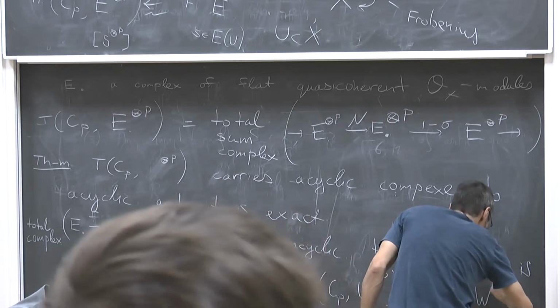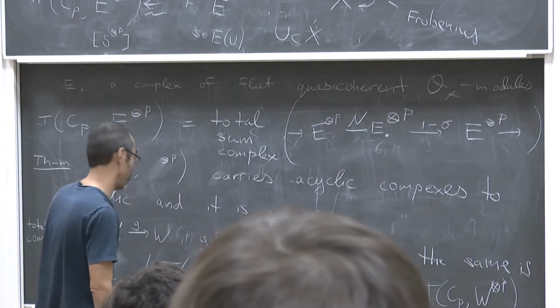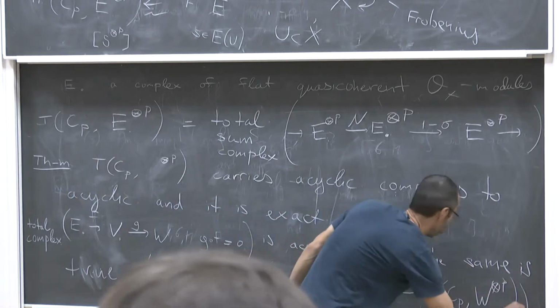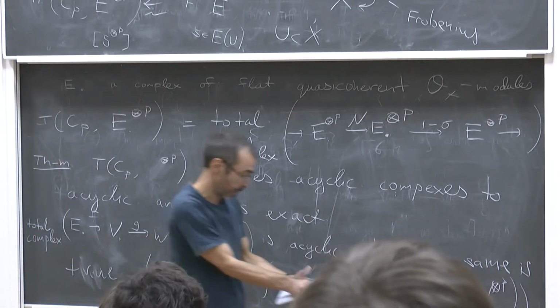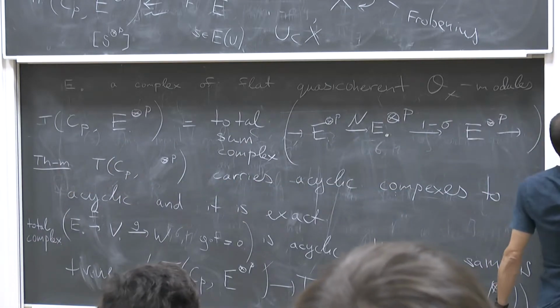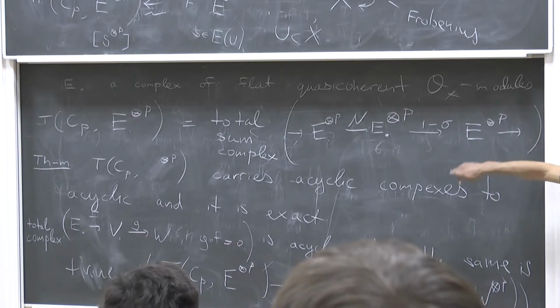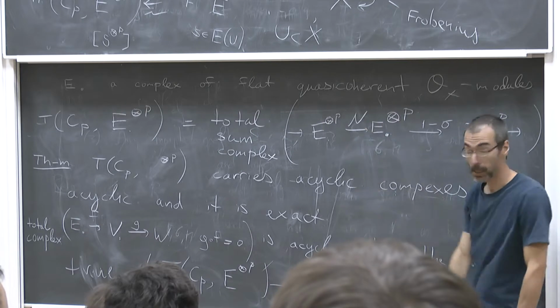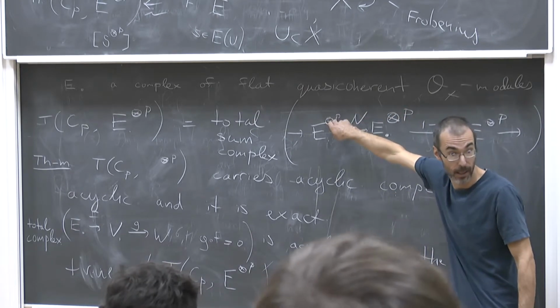In particular, it implies that my functor is additive. It's not at all obvious from this definition because it's built of polynomial functions, right?